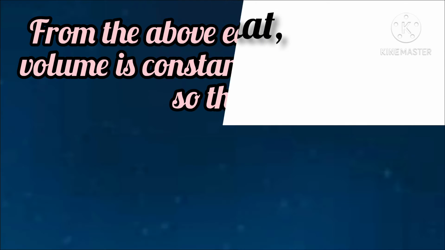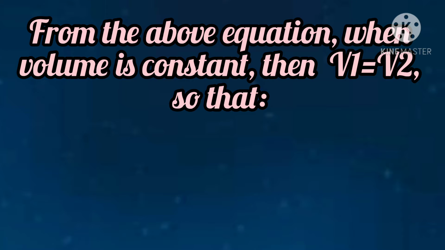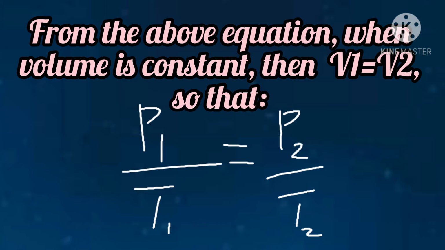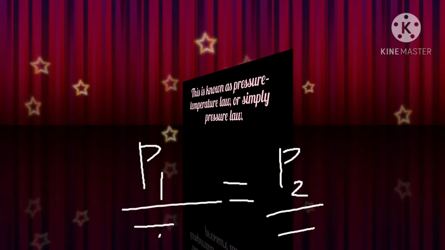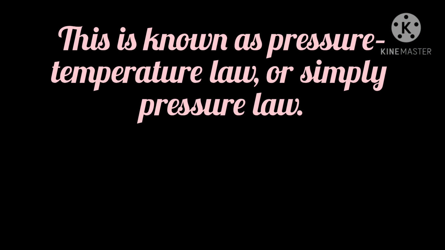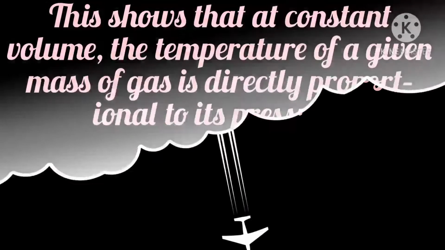Now, from the above equation, when the volume is constant, then V1 is equal to V2, so that P1 over T1 will be equal to P2 over T2. This is known as the pressure-temperature law, or simply the pressure law.